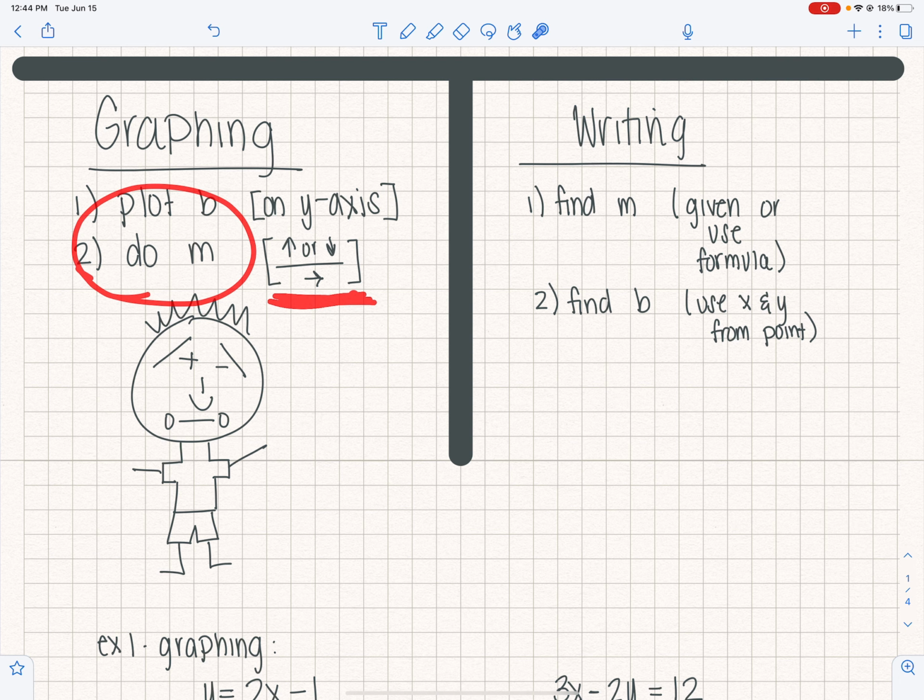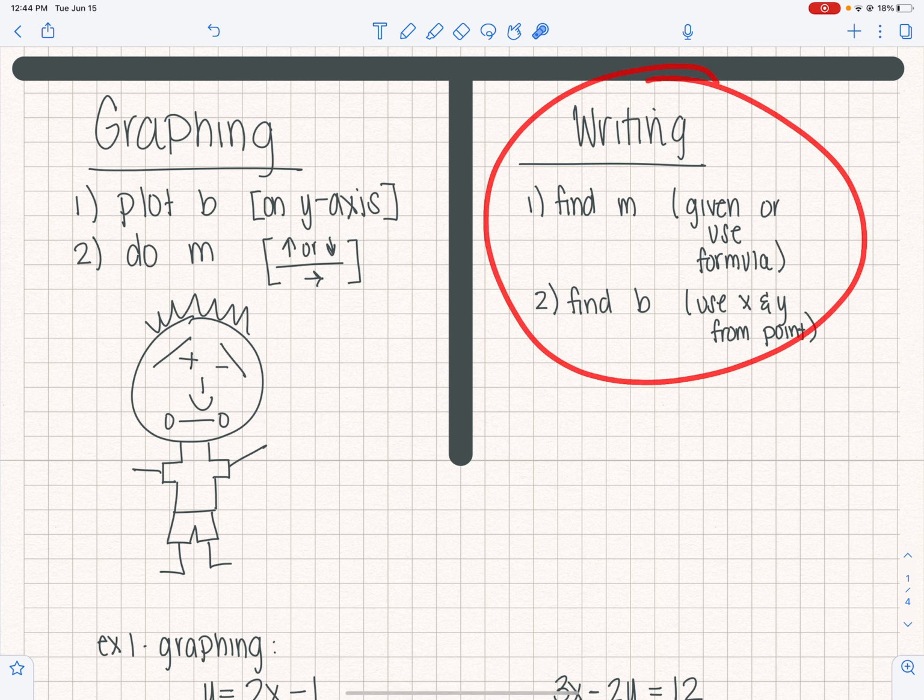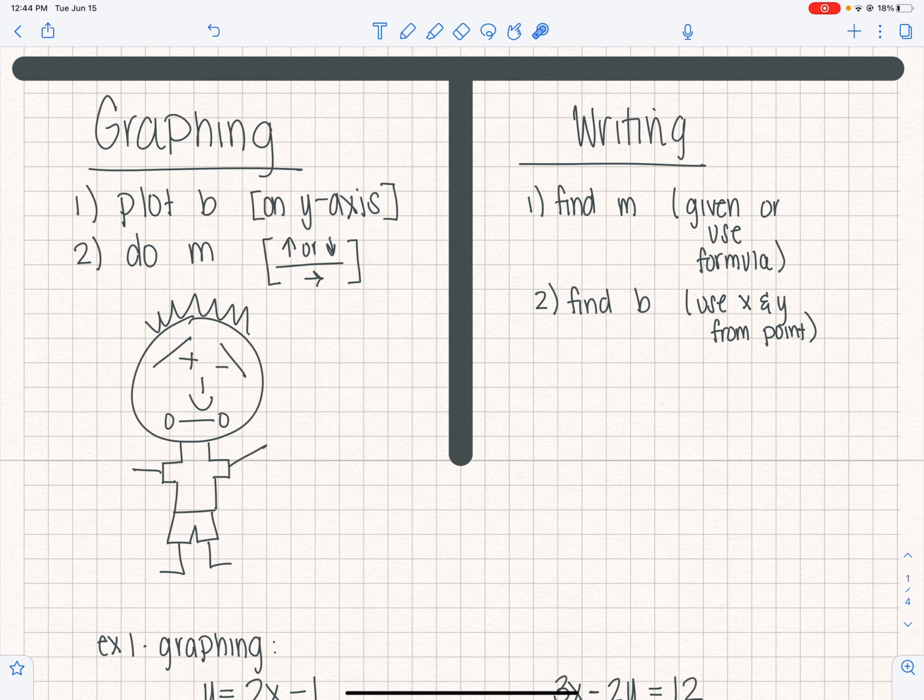That is going to be written as a fraction. If it's not a fraction, we're going to put a 1 in the denominator. With writing, you want to find m first and then find b second. So here's your slope dude. He just reminds us positive, negative slopes, zero, and undefined slopes, what they look like.